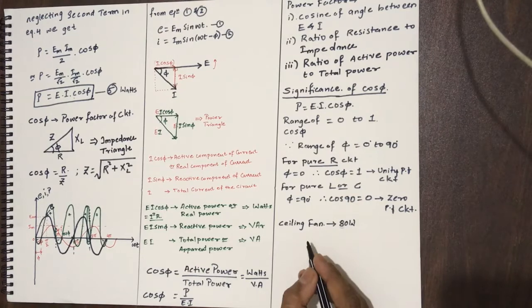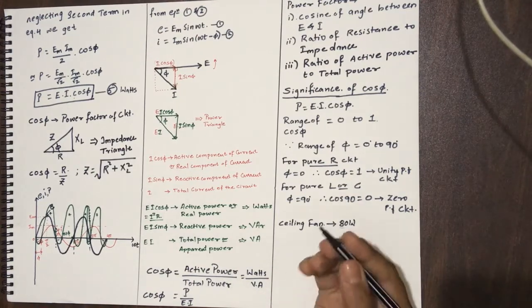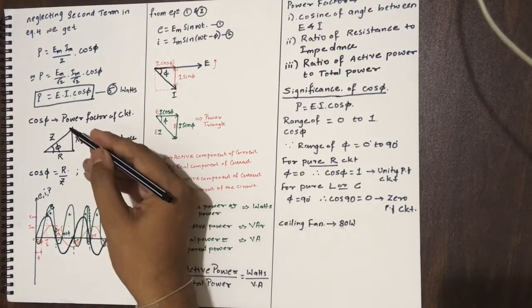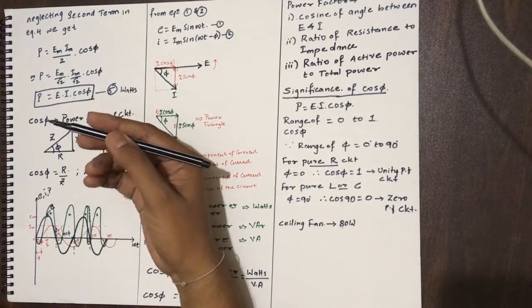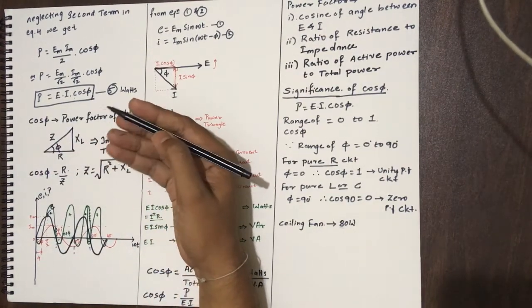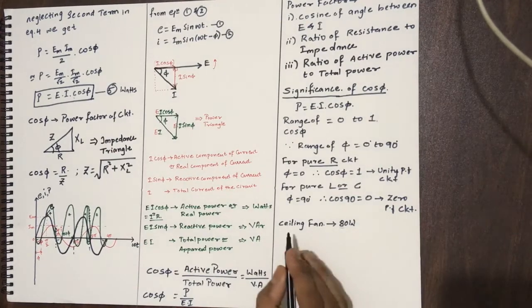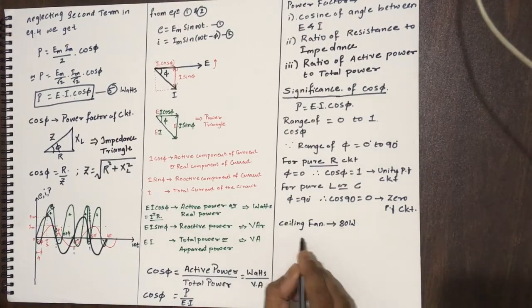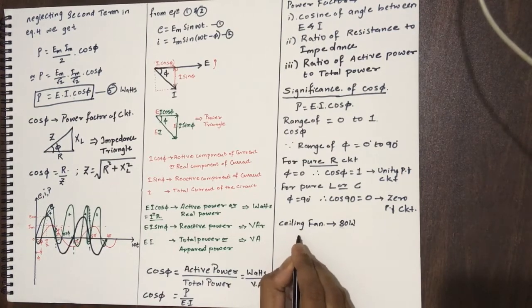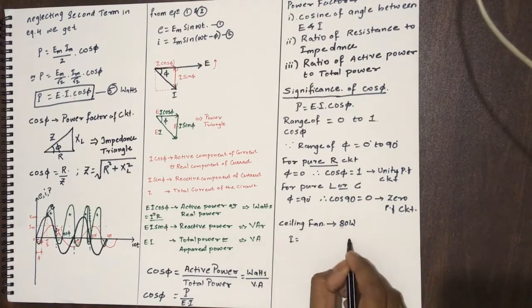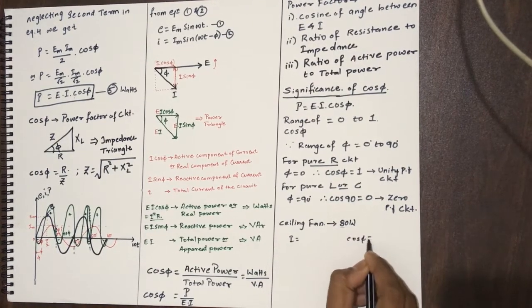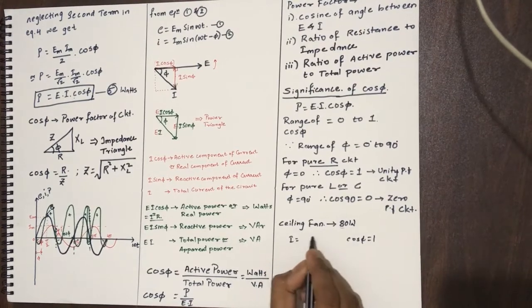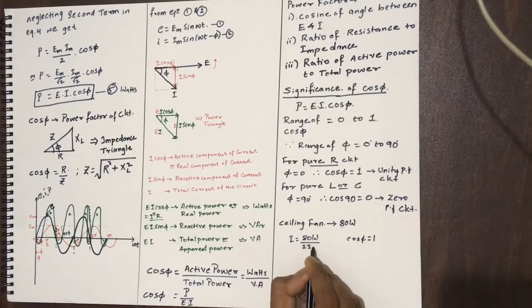Now suppose the power factor of the fan is made lower, in the sense I make the fan much more inductive than necessary and less resistive than necessary. The current drawn by the fan is I. If cos phi is equal to 1, the current drawn is 80 watts divided by 230.